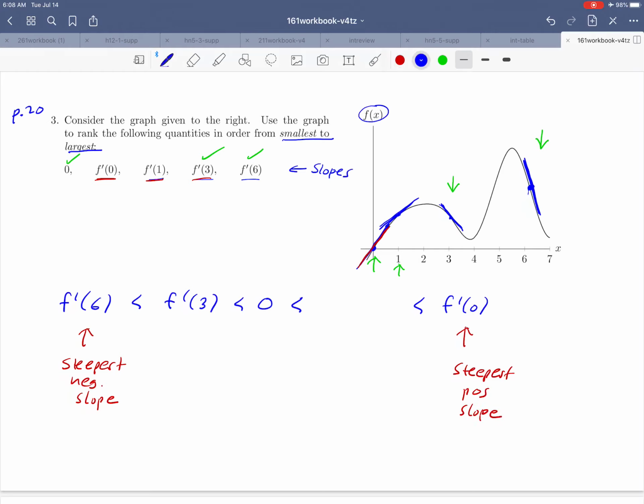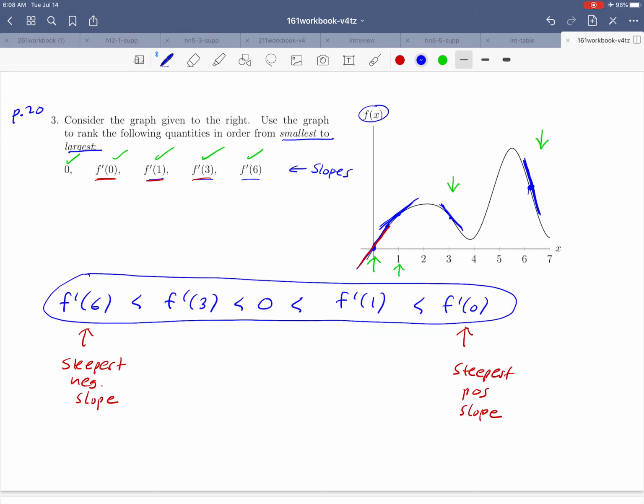And then at 1, we still have a positive slope, but it's not quite as positive, not quite as steep as it is at 0. So that takes care of the last two numbers, and it looks like this list describes the ranking of our slopes in order from steepest negative to steepest positive.